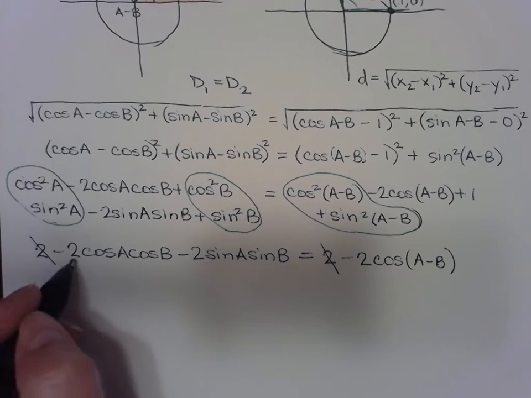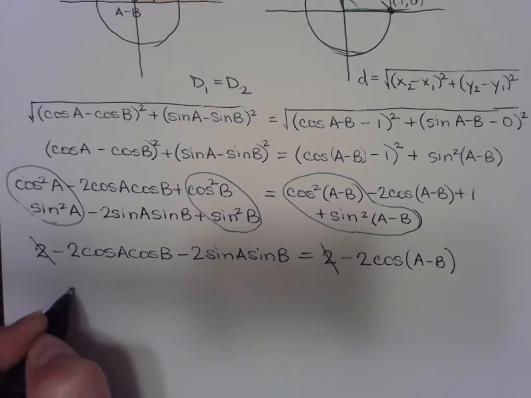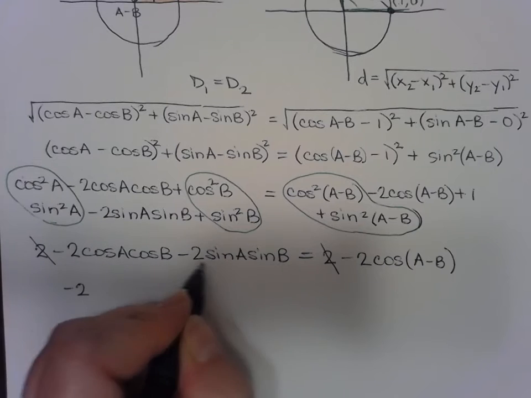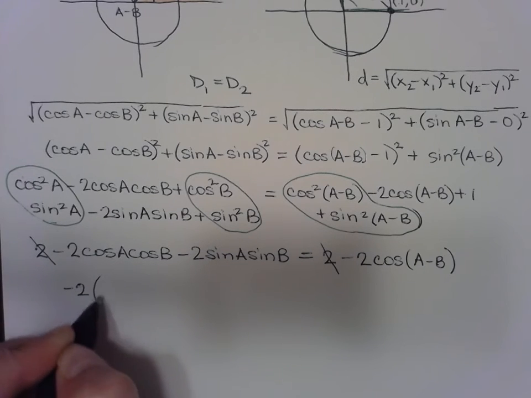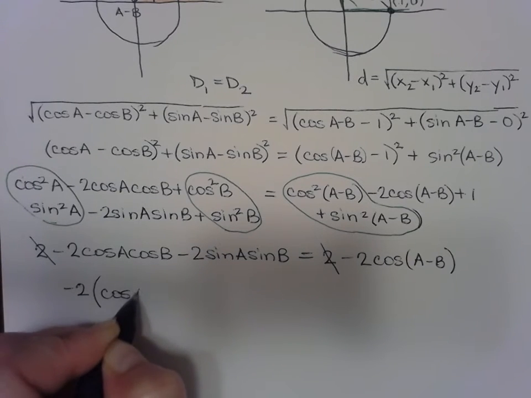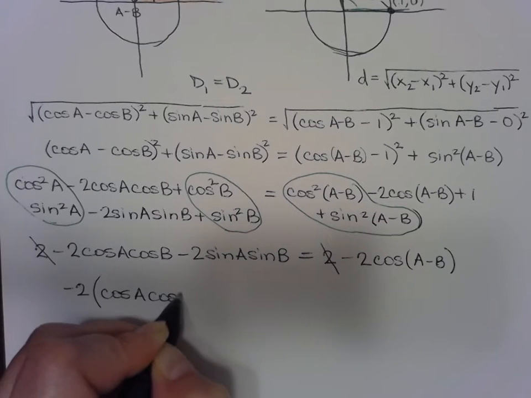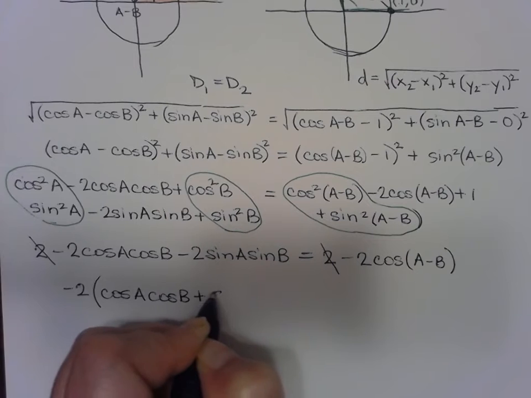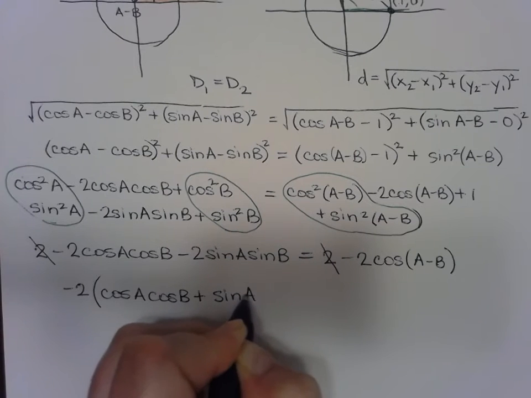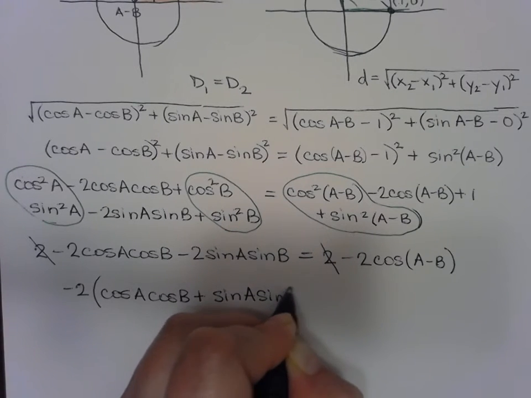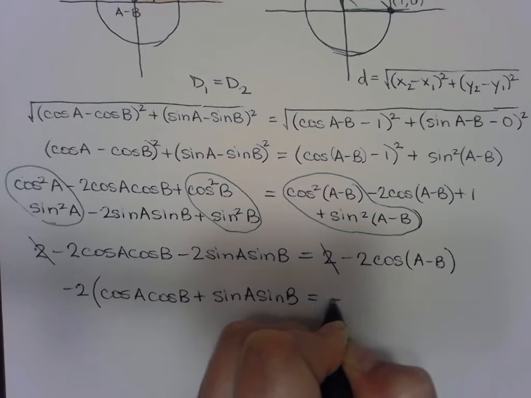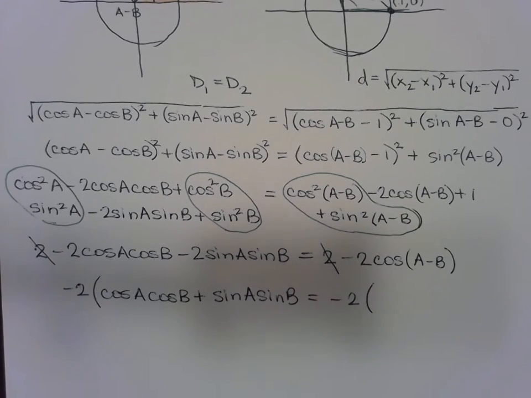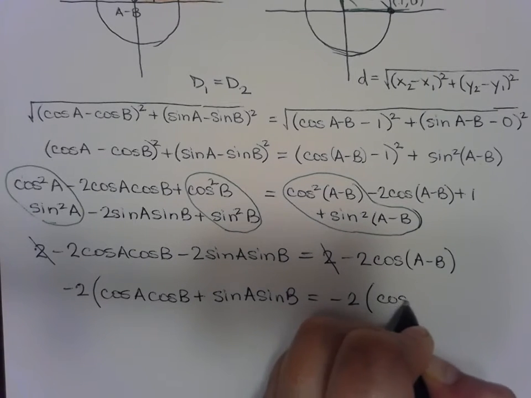Now I'm going to go ahead and factor out the negative 2 because I have that for both of the remaining terms. So negative 2 times cosine of A, cosine of B, plus sine of A, sine of B, equals negative 2. I'm going to go ahead and put this in parentheses so it's really obvious.